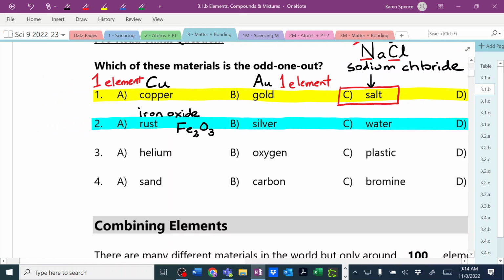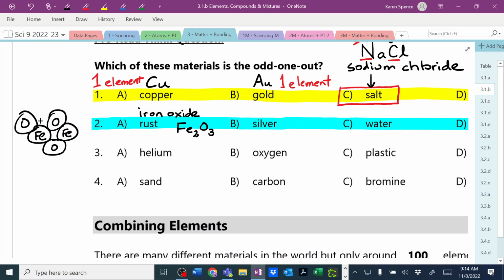What that's going to look like is an Fe atom stuck to an O atom. Actually, not an atom. These are ions, but we'll get to that part later. So just pretend I didn't say that. That's not an awesome representation of what that looks like, but it'll be close enough.